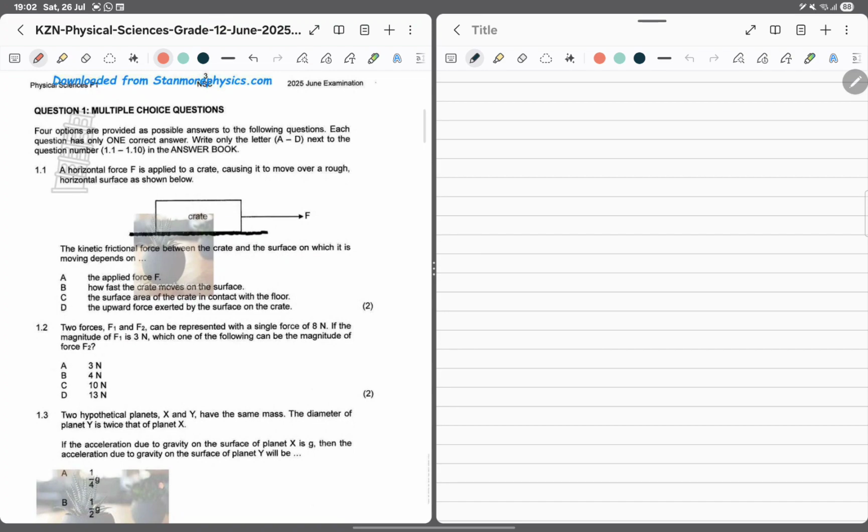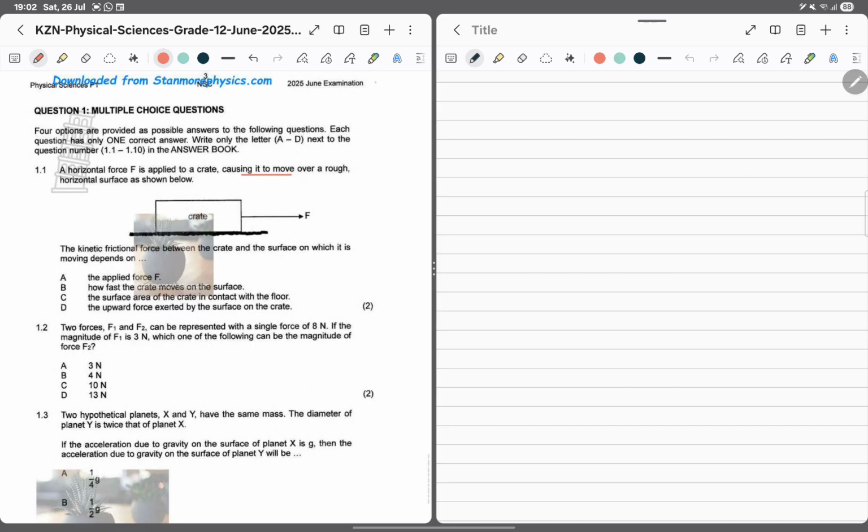So question 1 is the MCQs. 1.1 says a horizontal force is applied to a crate, causing it to move over a rough horizontal surface as shown below. Now if you're causing something to move, we are literally talking about the influences of Newton's second law of motion.